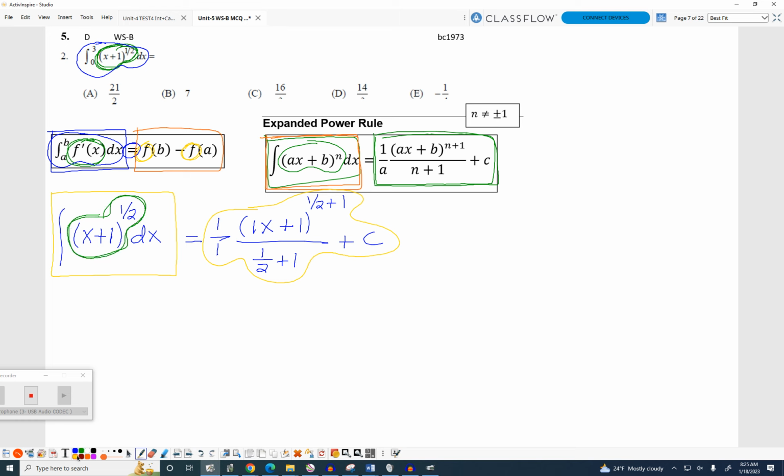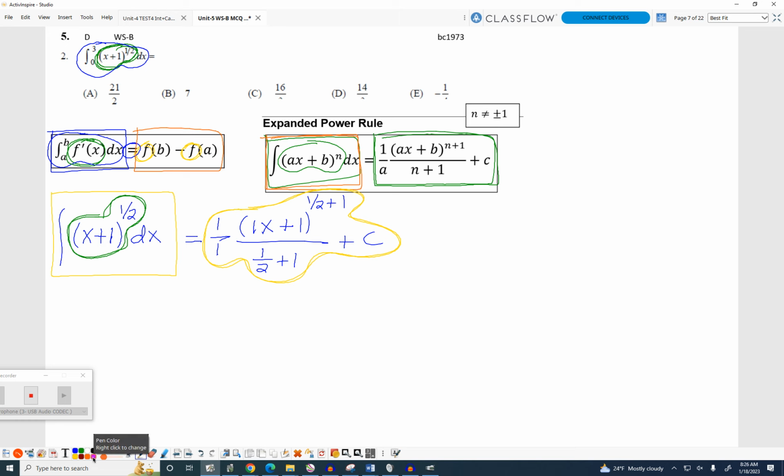There we go. The green is the derivative of the yellow. So said the other way, the yellow is the antiderivative of the green. That's how they relate.